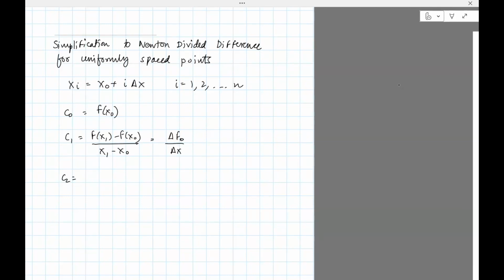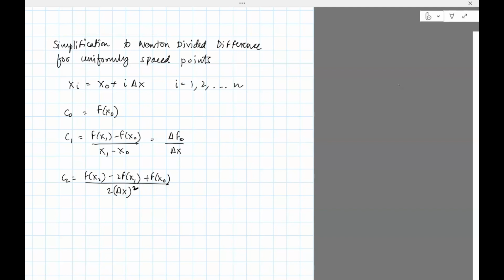C2, if you take the formula and simplify it, comes out to be f of x2 minus twice f of x1 plus f of x0 divided by 2 times delta x squared. That is just taking the formula from the earlier page and crunching in the values for a uniform grid. But if you recognize that expression on the right side, it's basically the second difference of f at x0.